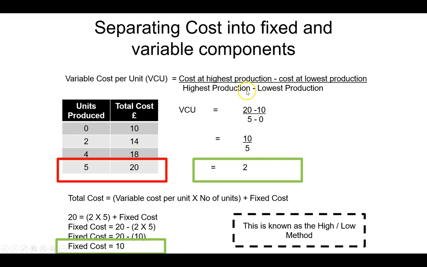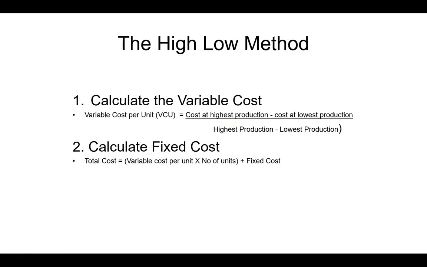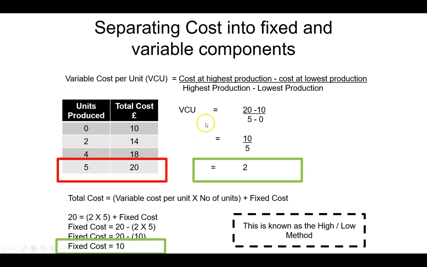So this is what we couldn't finish today. So what was I saying? We first have to calculate the variable cost by working out the variable cost per unit. That helps us to work out our variable cost, which is variable cost per unit times number of units. But we know our total cost is made up of a semi-variable cost and then a fixed cost element.